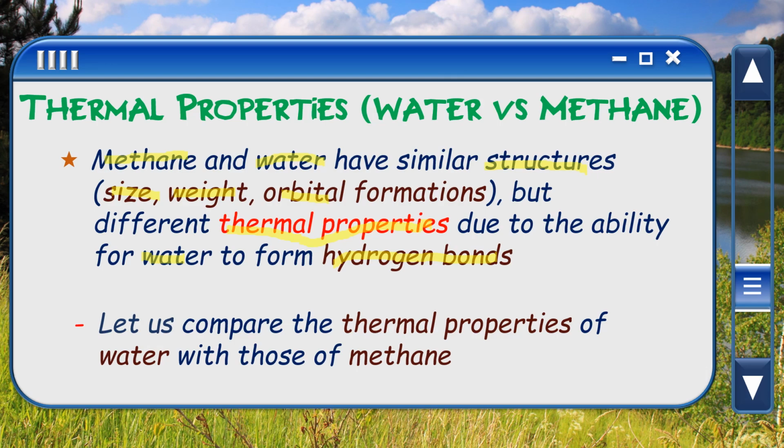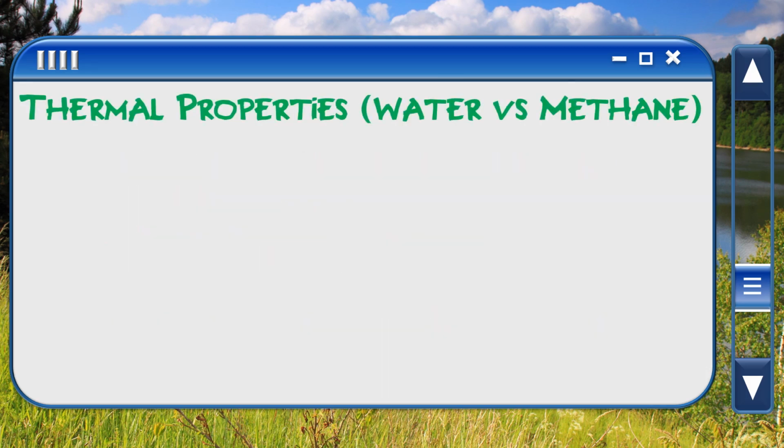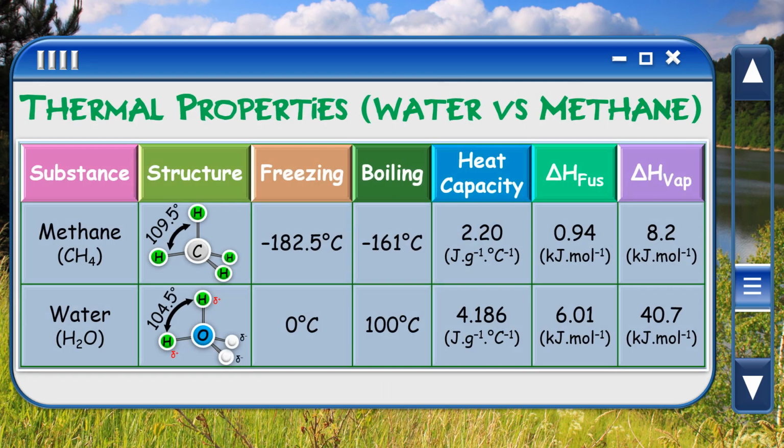Let us compare the thermal properties of water with those of methane, and try to see what we are talking about. The structures we want to look at are methane and water.